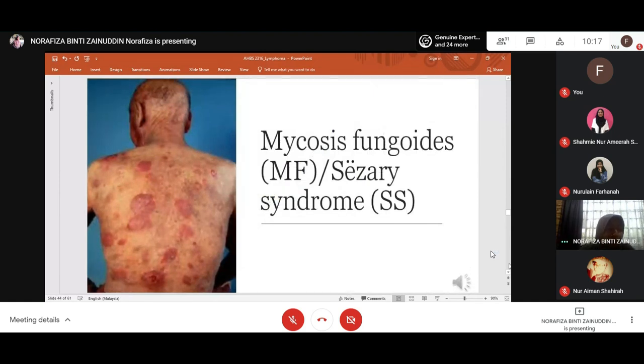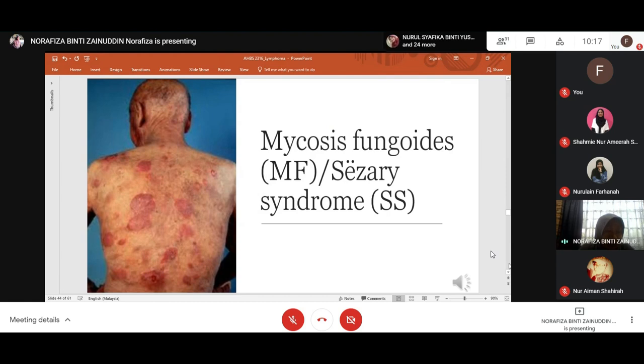All right. So the next one is mycosis fungoides, or Sézary syndrome. This is actually an indolent disease. It is a T cell disorder, typically present with various skin disorders for years.